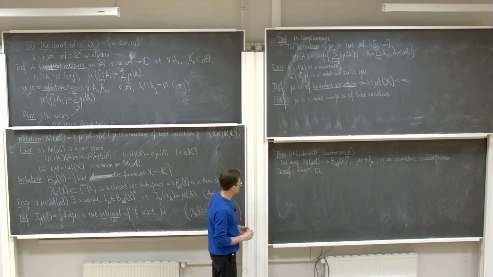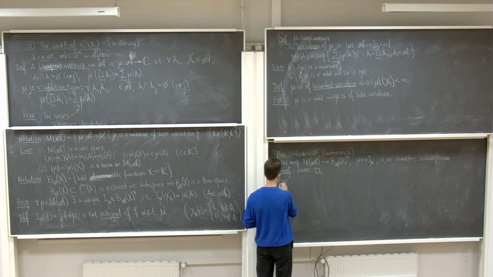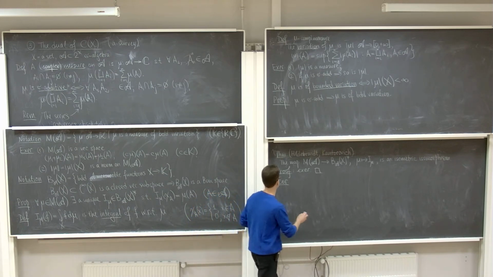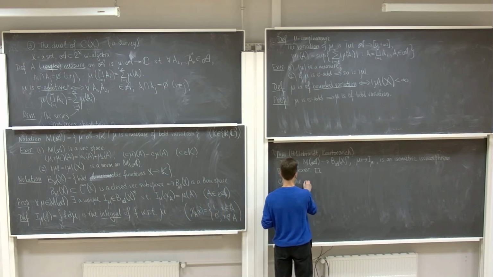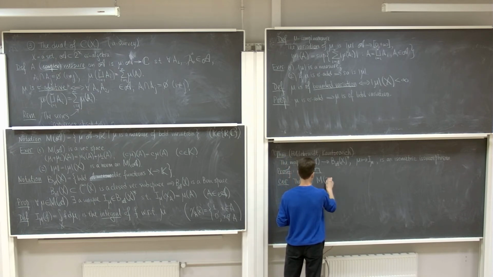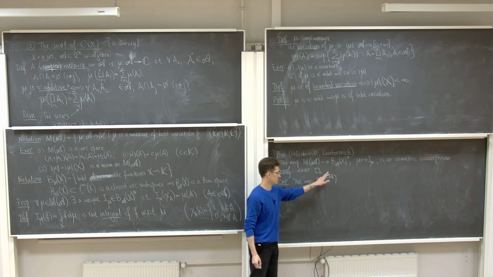By the way, as a nice corollary, we can now explicitly describe the dual of the little L infinity space. Namely, let's consider the space of all complex measures on the sigma algebra of all subsets of the natural numbers.